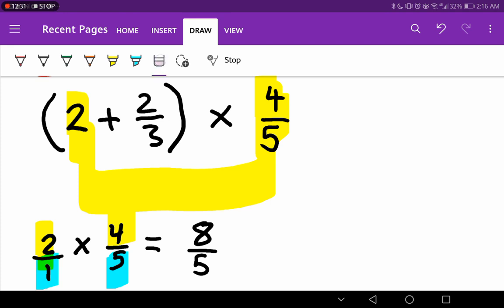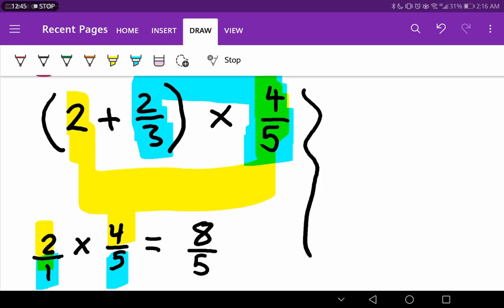Okay, keep this. Okay, we finish? No, you have to multiply again the 4 over 5 by 2 over 3. Let's go. Now we will multiply 4 over 5 by 2 over 3, the same thing.